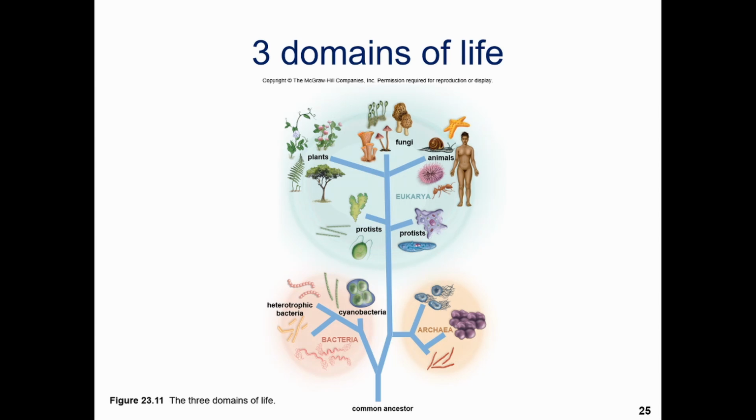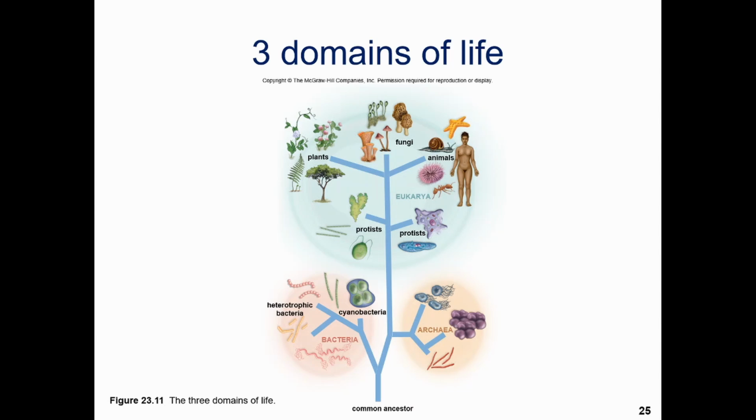Now, I mentioned domain Eukarya in the very beginning of the last slide, but I didn't quite go into what that means. Domains are the largest umbrellas of categorizing living things. So if we look at Eukarya, that includes everything that is one or more cells and that has a membrane-bound nucleus.